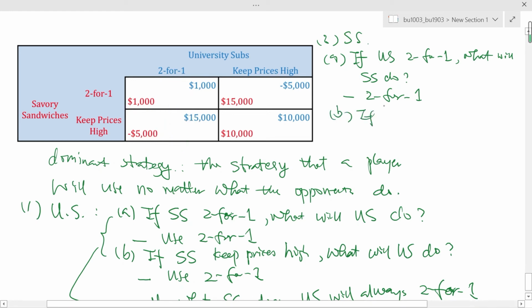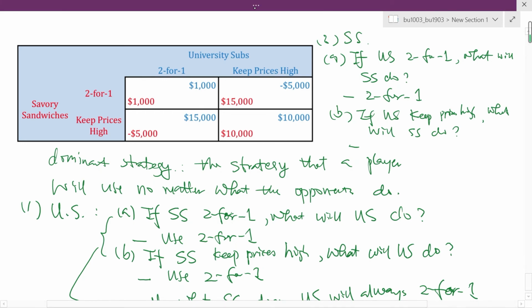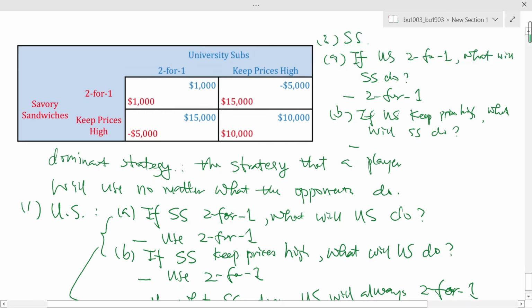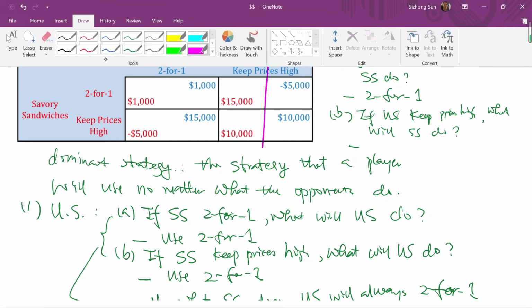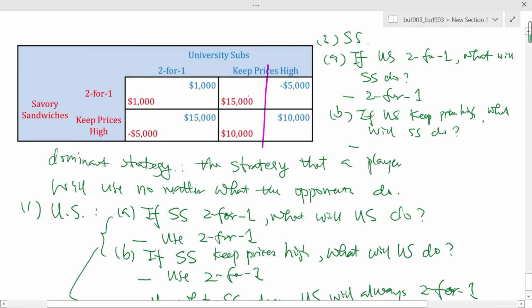Similarly, if University Subs keep prices high, what will Savory Sandwiches do? If University Subs keep prices high, then we are in these columns, and we can see that now the two-for-one action gives Savory Sandwiches $15,000 rather than $10,000.